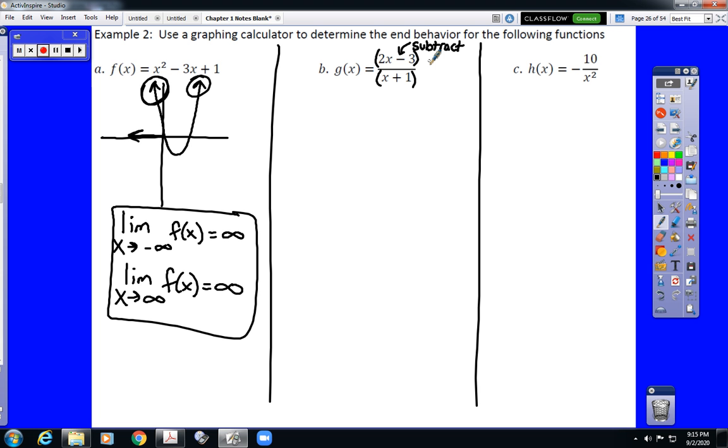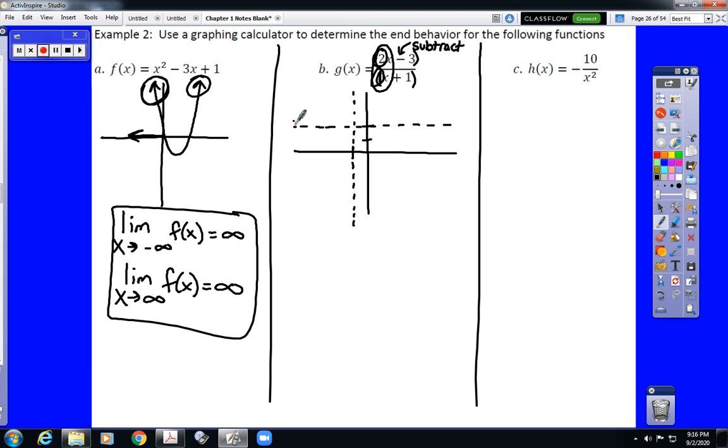Okay? When you type that in and you hit your graph button, you're going to discover that this particular graph has an asymptote at negative 1. Okay, so if we're looking at the graph, there's an asymptote at negative 1. The graph comes in and approaches the value y equals 2. It has a horizontal asymptote at y equals 2, which is the result of these lead terms having coefficients of 2 and 1. 2 over 1 is 2.